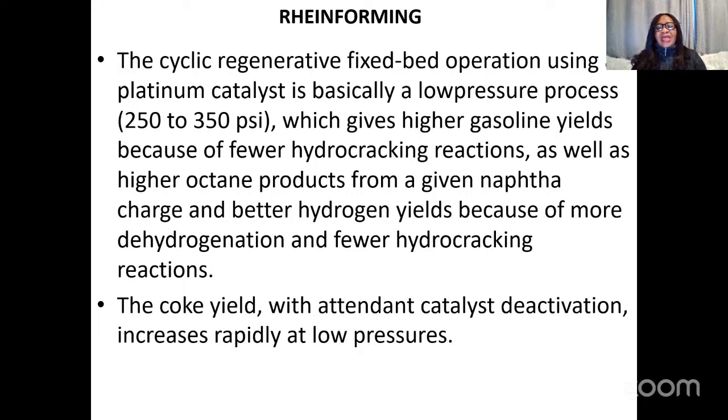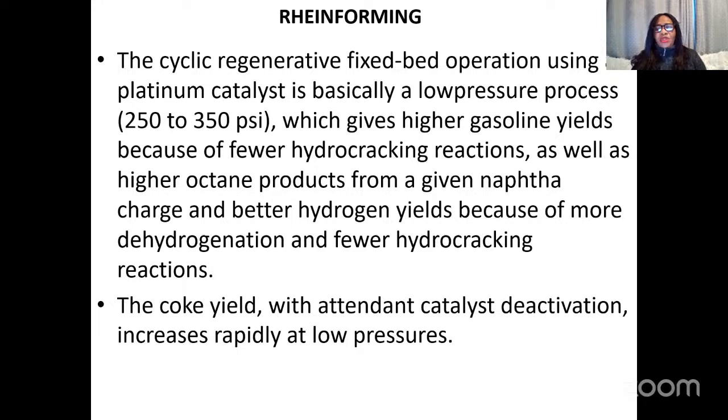So whatever is cracked, hydrogen is produced because of more dehydrogenation and fewer hydrocracking reactions. It doesn't crack much, and more hydrogen is removed, and so you have excess hydrogen yield.